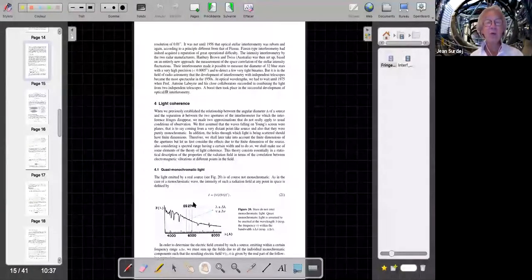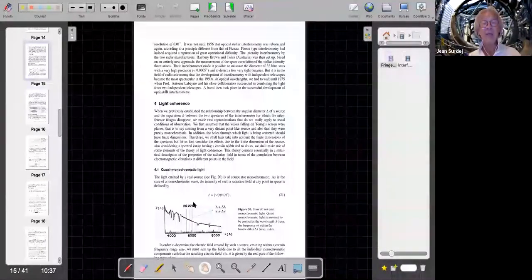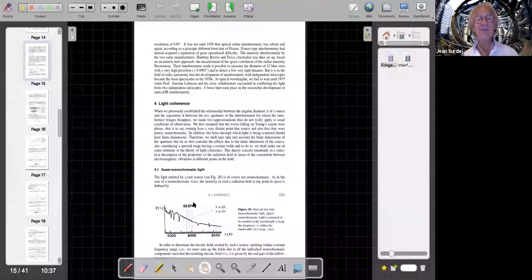There was a screen with two pinholes, and we were looking in the observer screen at the distribution of light, which consisted of a series of bright and dark fringes.